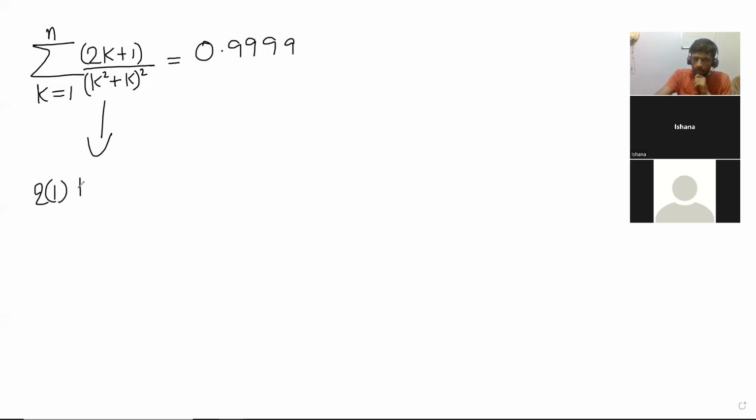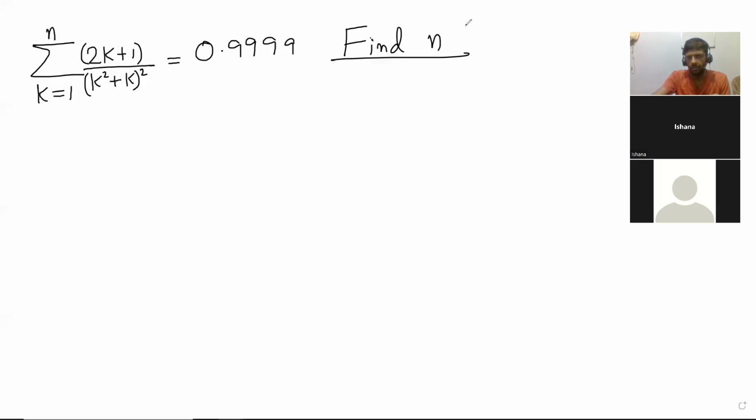Sir, it's like I think you put k as 1, 2, 3, up to n, and you just add those values. Yes, that's all that summation notation means. So you can do that in your notebook if you need to. This is equal to this. We want to find the n. Okay, so today we are doing things a little faster. Find the n.